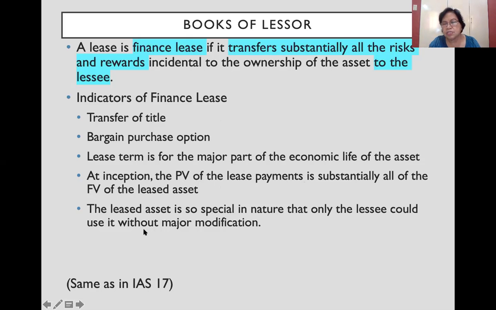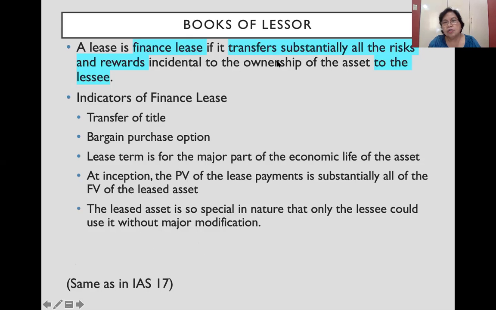The lease asset is so special in nature that only the lessee could use it without major modification, meaning that the leased asset is tailor-fit to the need of the lessee, such that the lessor purchased or acquired the asset, so it was bought by the lessor or it was manufactured by the lessor, thinking specifically the special needs of the lessee, such that only that lessee could use it without major modification, meaning that the lessor simply finances the requirement of the lessee for that specific asset.